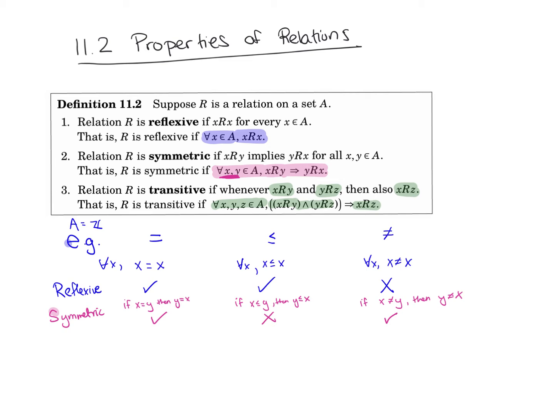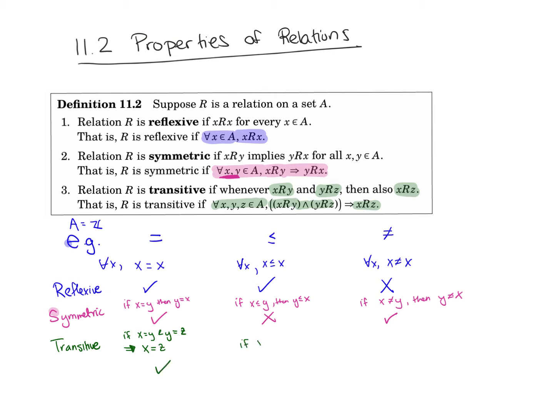What transitivity says is, if x is equal to y and y is equal to z, we sort of use this all the time without really thinking about it, then x is equal to z. We know that one's true.